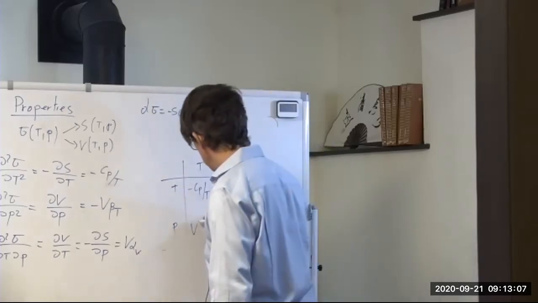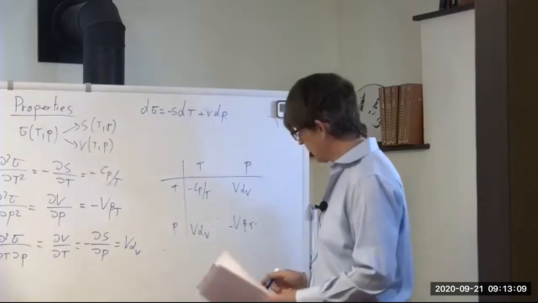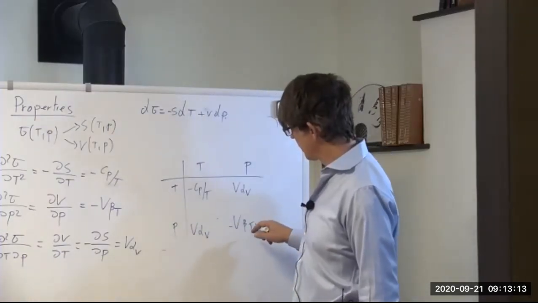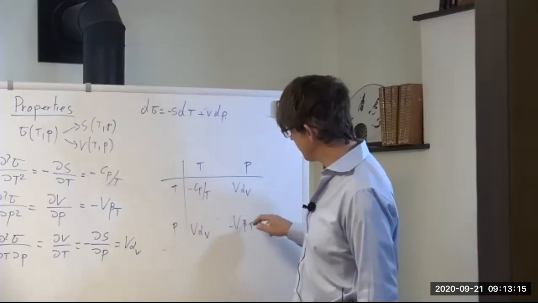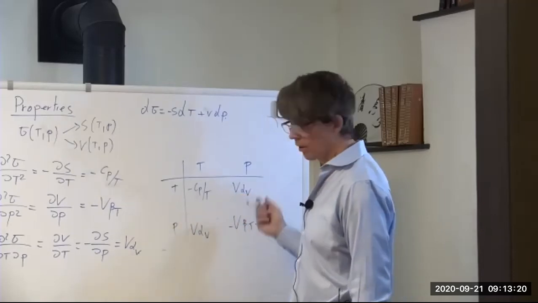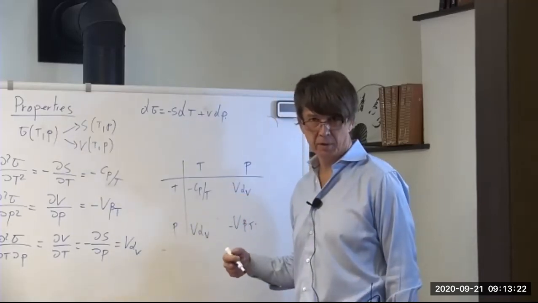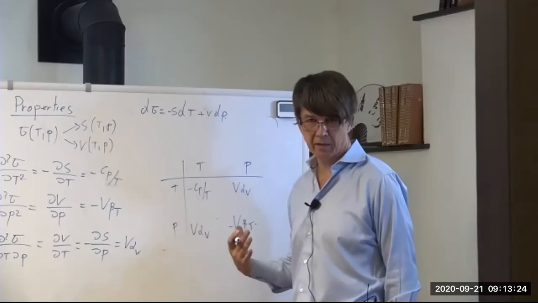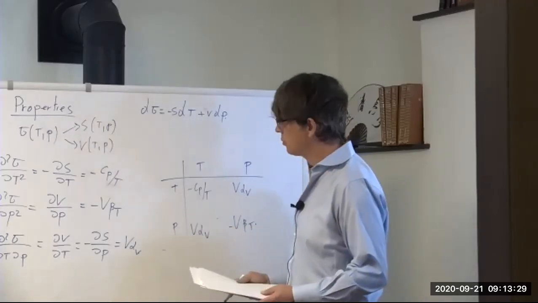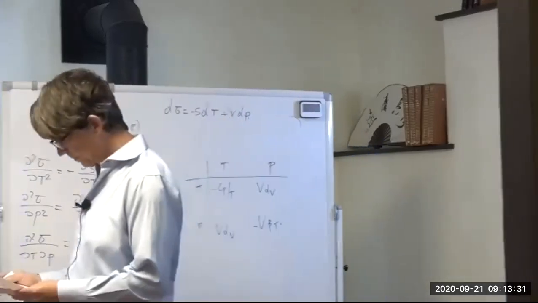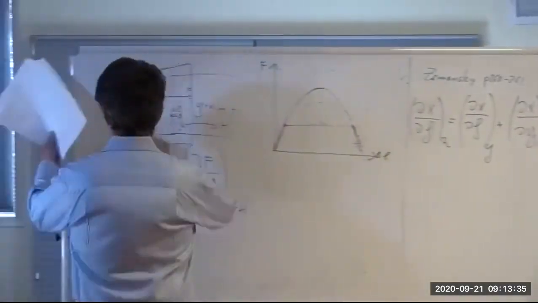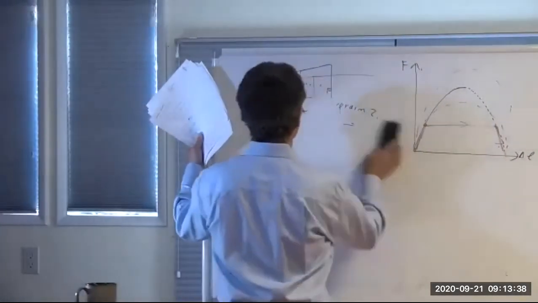And this is V α_V. So the diagonal elements are the heat property and the mechanical property, and then the off-diagonal elements are the ones that combine them, because thermal expansion is in some sense a change of the mechanical variable like volume with respect to the thermal conjugate. So these are the easy properties. Let's generalize this.